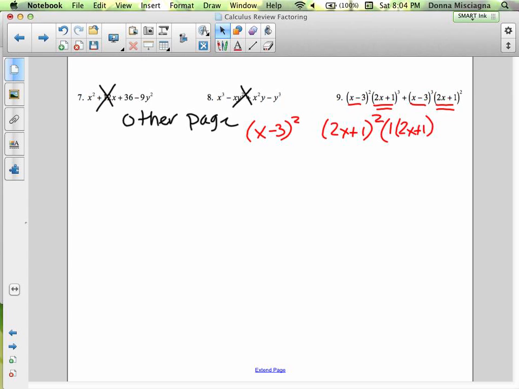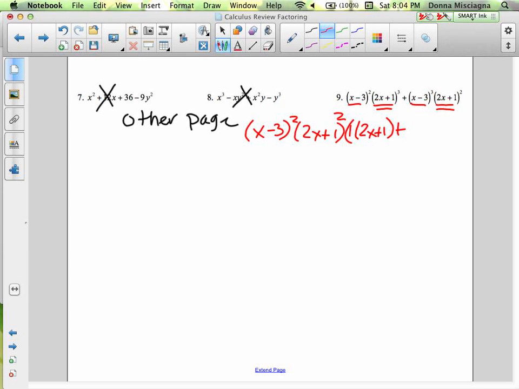I am really glad I cloned the page because I have to keep moving this over. And then if we factor out 2 factors of x minus 3, we're going to be left with a factor of, well, I need one more parentheses because it's everything in here times x minus 3. Oh, wait, I put that in the wrong spot. Excuse me. No, I do have enough parentheses because of the 1.